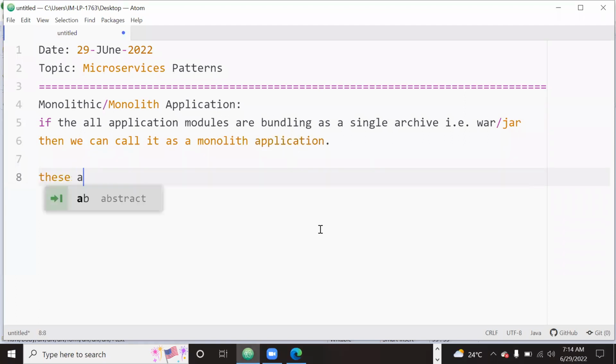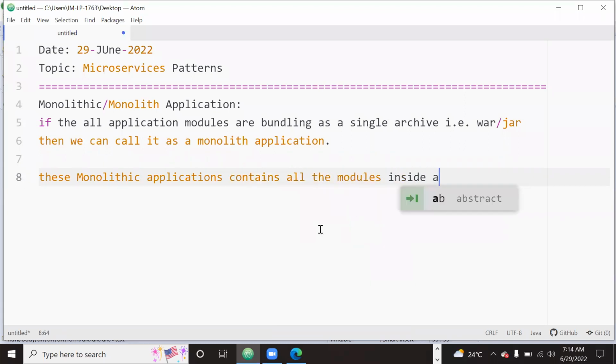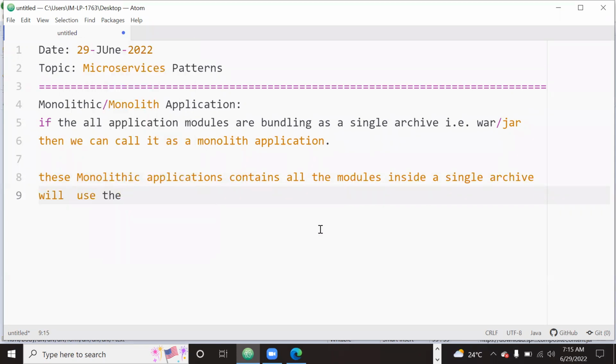These monolithic applications contain all the modules inside a single archive. A single archive will use the same process boundary.